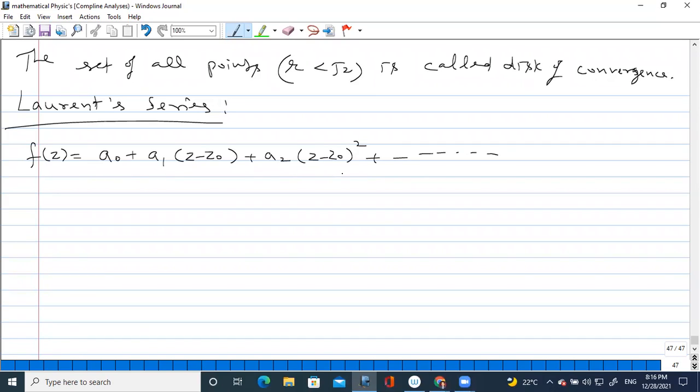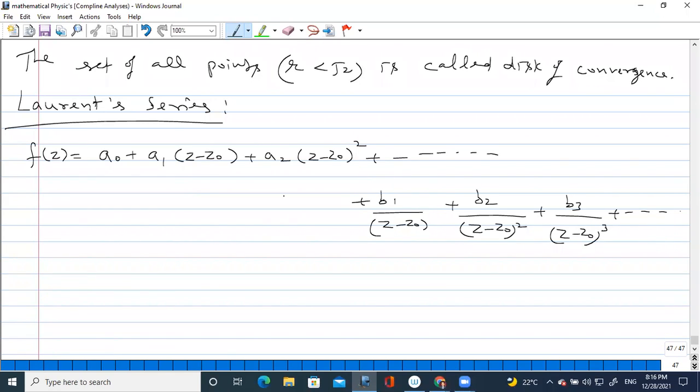This is the Taylor part, and in addition to that there will be b1 divided by (z minus z0) plus b2 divided by (z minus z0) whole square plus b3 divided by (z minus z0) whole cube plus dot dot dot. Here you can notice one thing: here power 0 is starting, but here power 1 is starting, because power 0 will not be there.